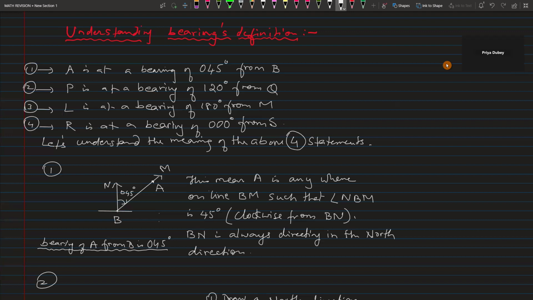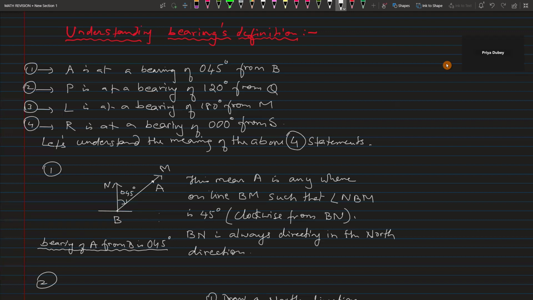This is how a bearing has to be interpreted, and this is how the bearing diagram has to be drawn. Did you understand? Here I have written, this means that A is anywhere on the line BM such that angle NBM is 45 degrees clockwise from BM. Now all these things that I have written are satisfied. I told you in a very simple way.